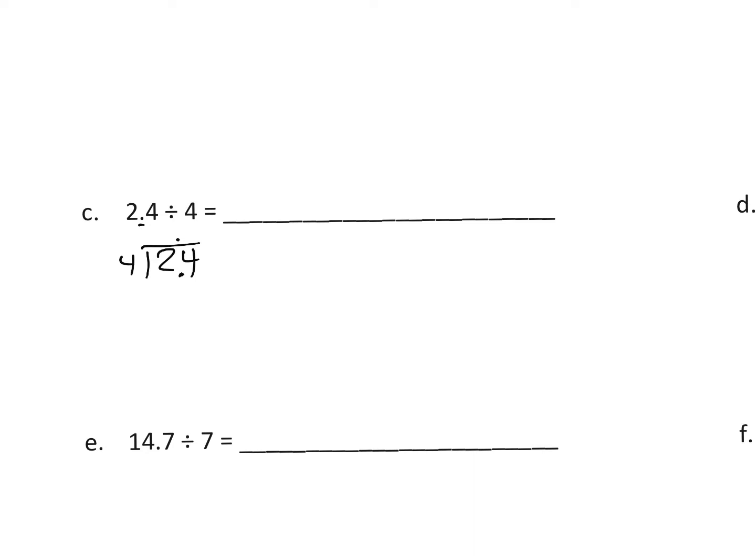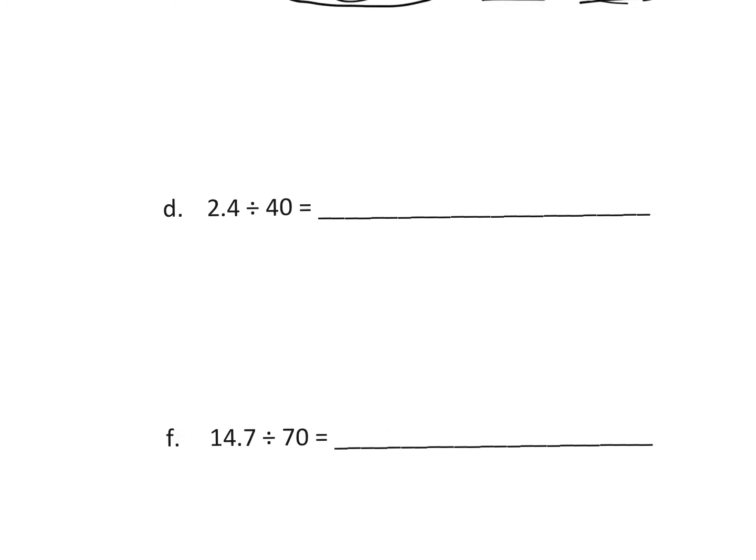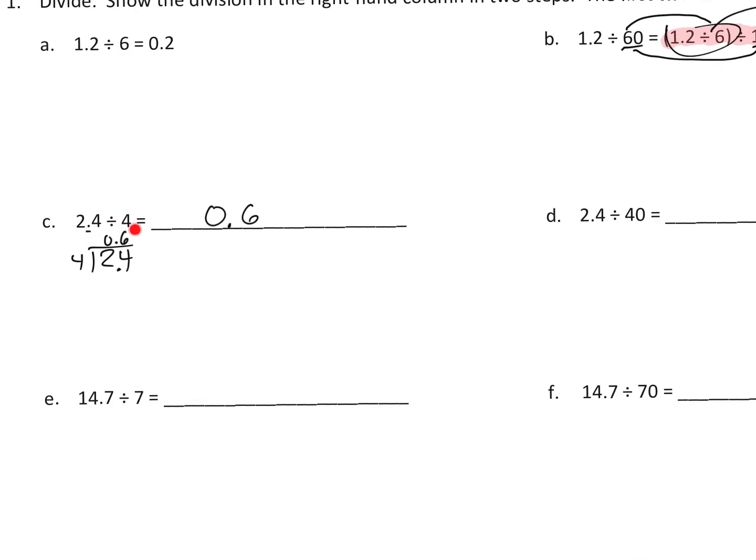Well, I know that 6 times 4 equals 24, so I know that 24 divided by 4 is going to give me 6, right? And I got my 0 right here. So I have 0.6.